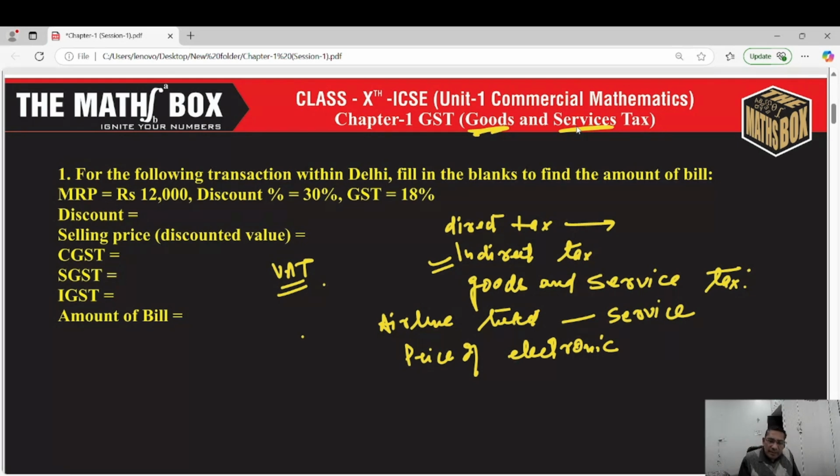GST was mainly levied in the country to remove the disparity in the different taxes, different rates of taxes. As an article moved from one state to another, there were different amounts of taxes from one state to another. Somebody was charging 10%, another 5%, another 12%. There was no parity across the country.